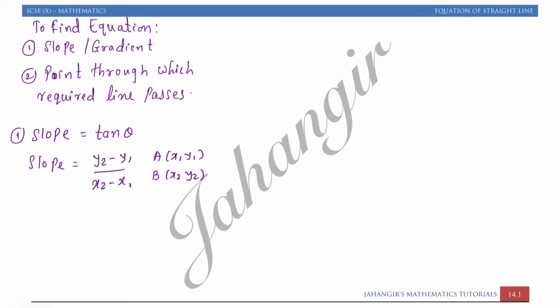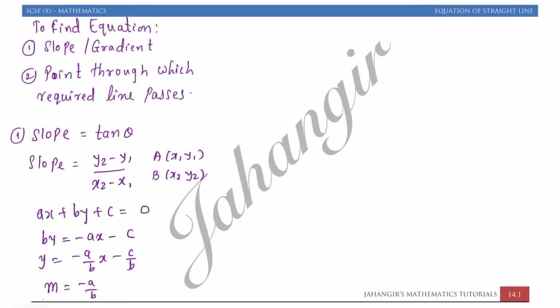And slope can be found out when an equation is given. For example, if an ax plus by plus c type of equation is given, we always make y the subject of the formula. So by is equal to minus ax minus c, so y is equal to minus a by b x minus c by b. So here slope will be equal to minus a by b.